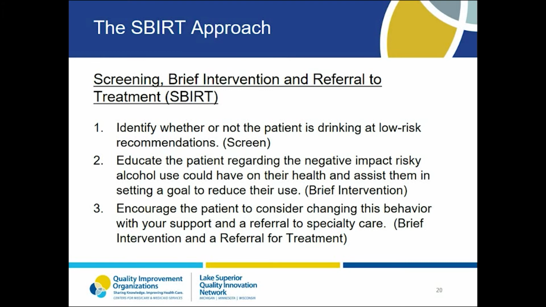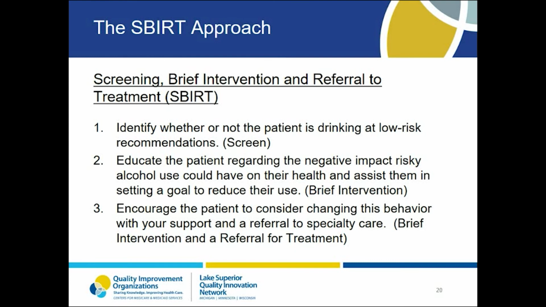Then we use the full US Audit screen to further identify which patients might benefit from a brief intervention alone, a brief intervention with additional follow-up, or a referral to specialty care. Depending on the score, a patient may fall into the 25% of risky non-dependent drinkers or the 4% of risky dependent drinkers.